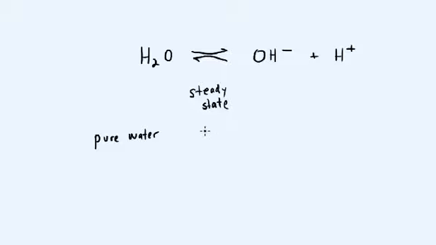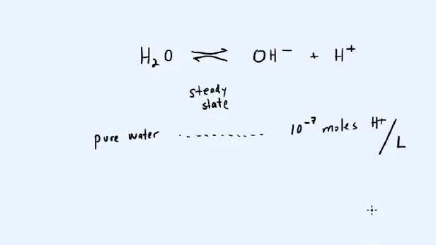However, in pure water, we know that when the steady state is reached, there's going to be a concentration of 10 raised to the minus 7th moles of H+ or OH- per liter of pure water.